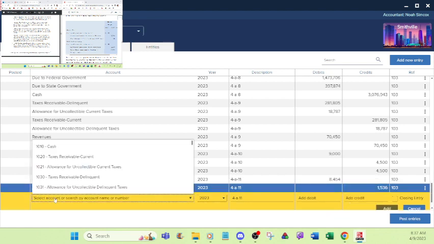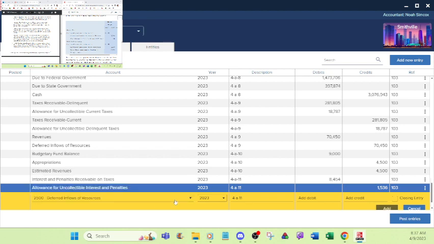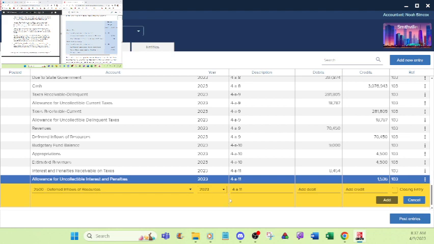And then deferred inflows of resources. What? They specified unavailable revenues. What on earth? They don't specify it? Come on, man.